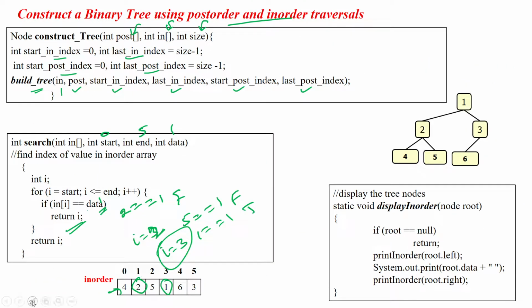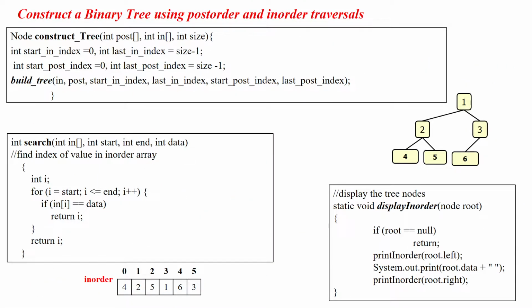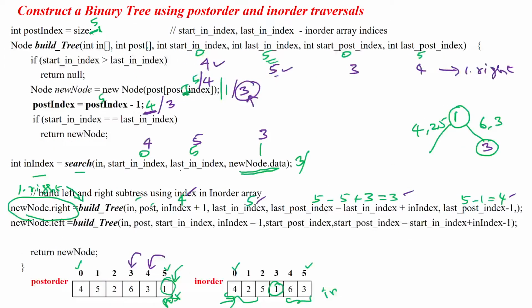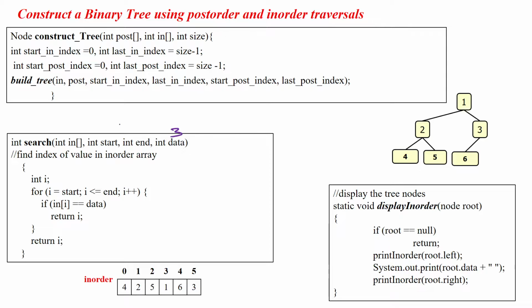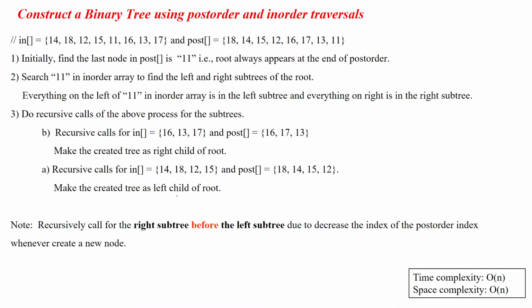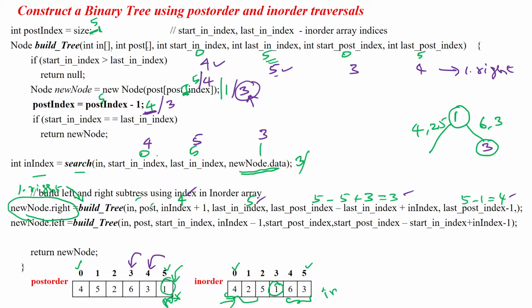Here again our data is 3. Starting index is 4, ending index is 5. No, sorry, here starting index is 0, ending index is 5. We are passing the values here.